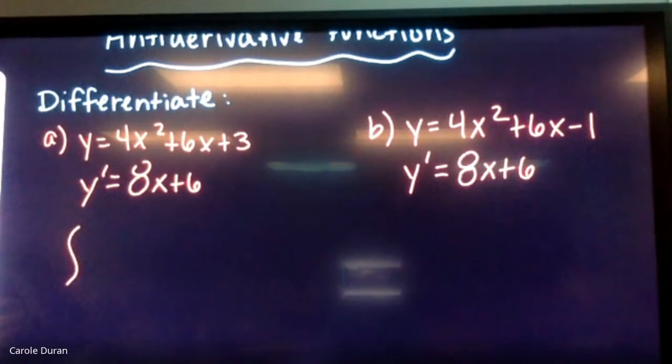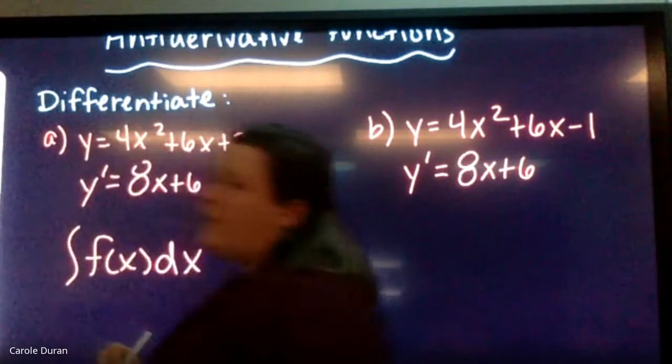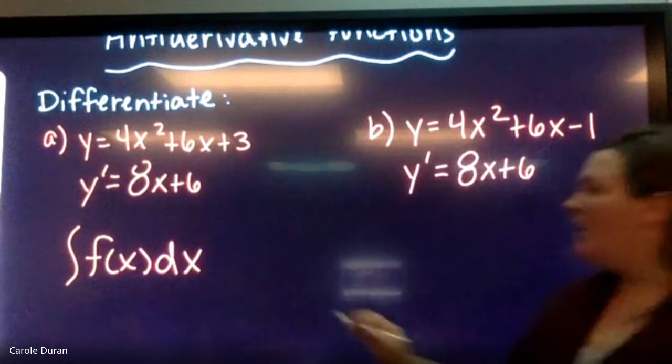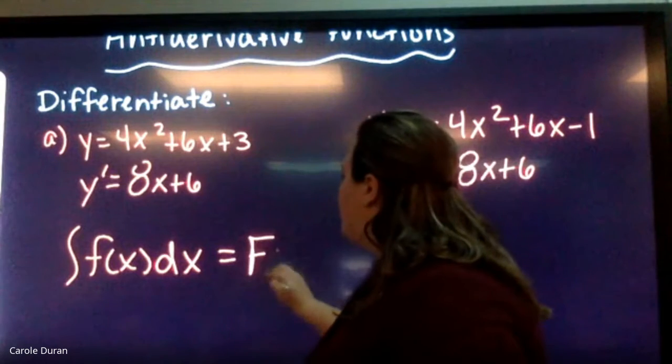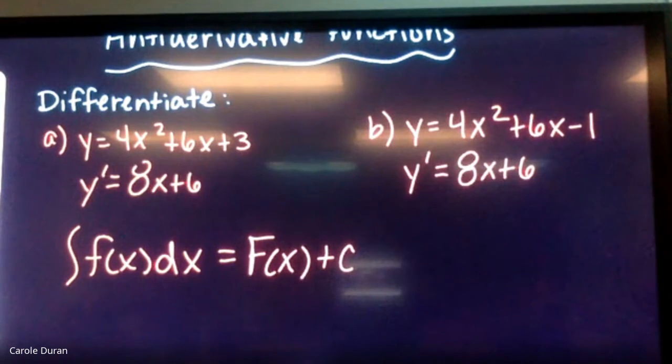So if I have an integral of some function f of x dx, that is equal to its original function big F plus c. If you don't have the plus c on an indefinite integral, it is wrong. So this is our general antiderivative.